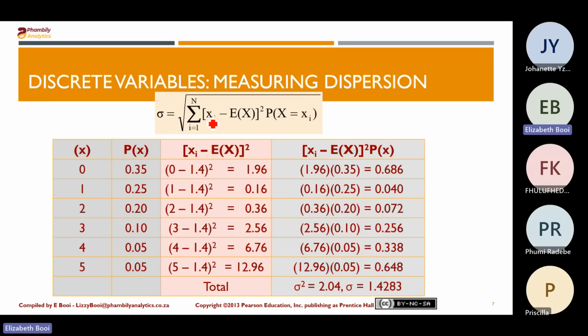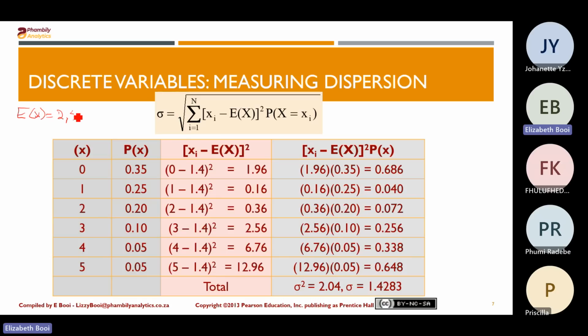So the first thing that I do is break the equation into two parts. The first part is to calculate what is within the summation, which is your observation minus your expected mean, squared.